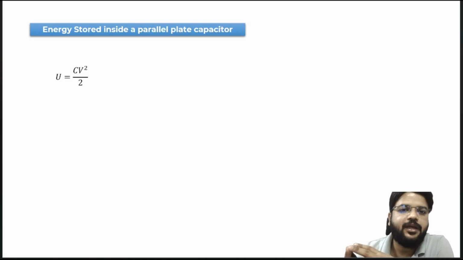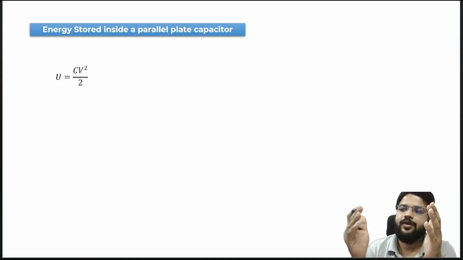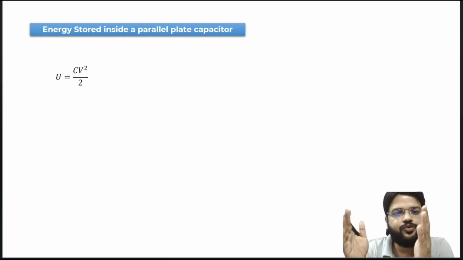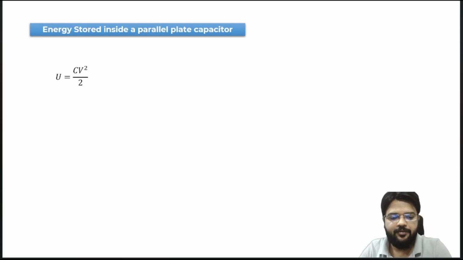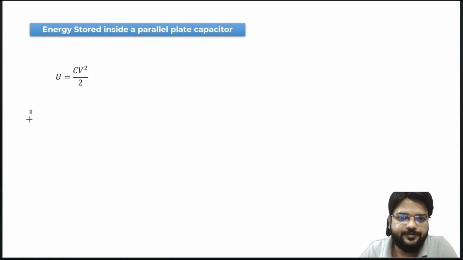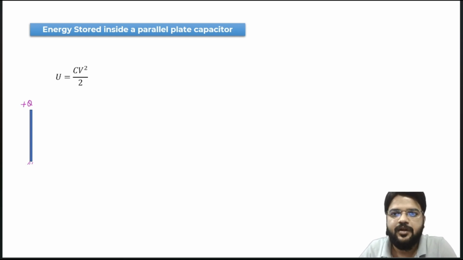Now let's see the next topic, energy stored inside the parallel plate capacitor. So here we want energy stored between these plates, correct? So we require the energy between plates. So here we have two plates, and let's suppose one plate is fixed and the charge present on the first plate is, let's suppose, plus Q, and the second plate is present near the first plate.